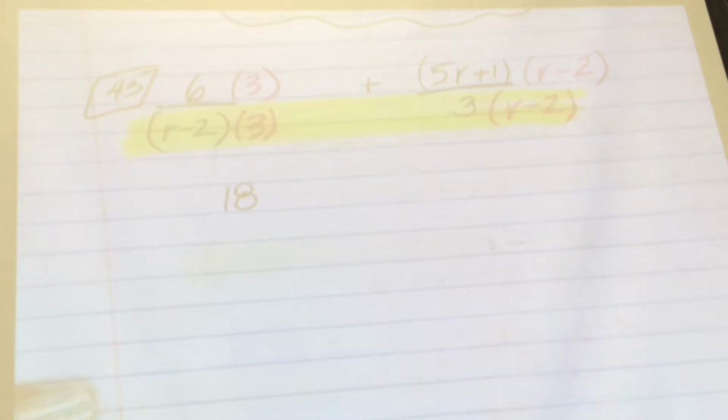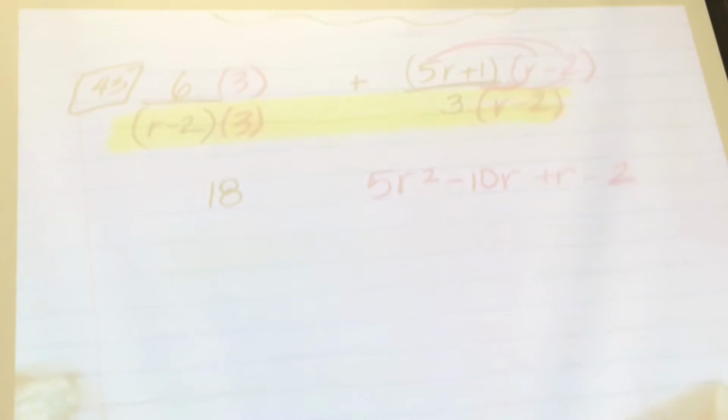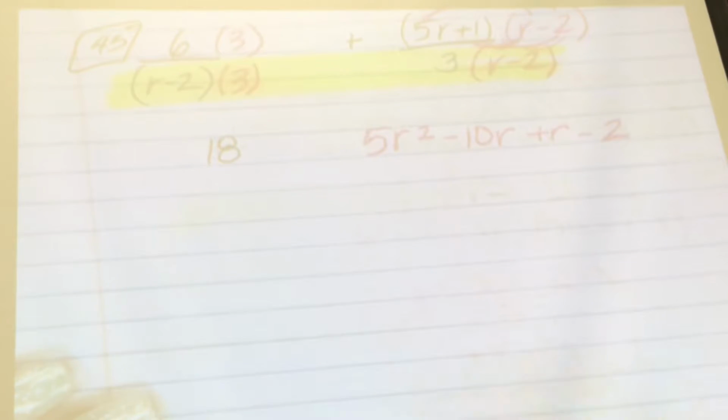6 times 3, that's going to be 18. That part's easy. Now I just need to FOIL this out. So 5r times r, that's 5r squared. 5r times negative 2, that's negative 10r. 1 times r is just r. And then 1 times negative 2 is negative 2. And then we're going to add those.